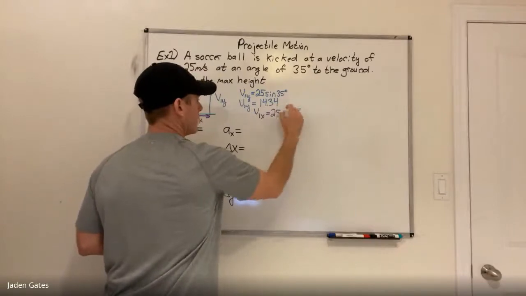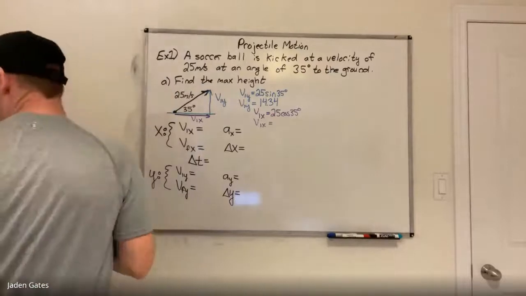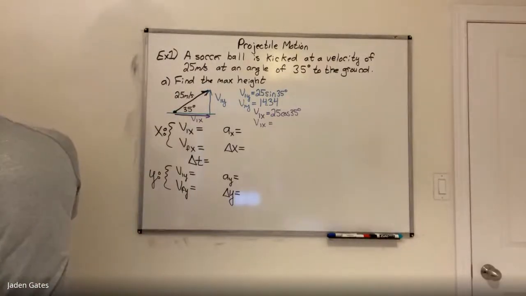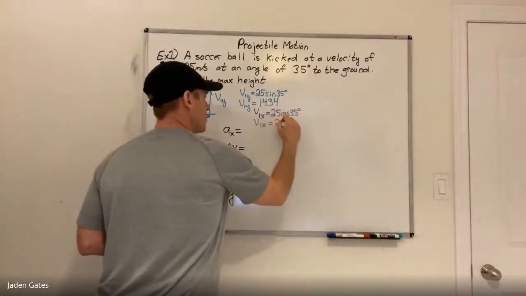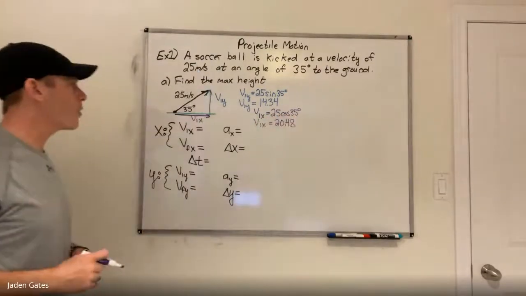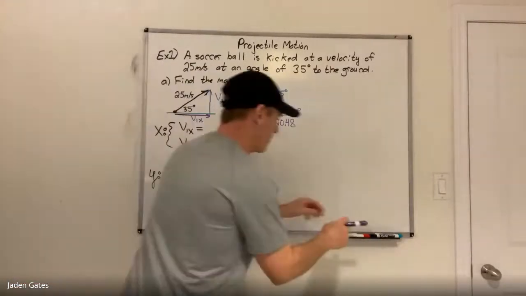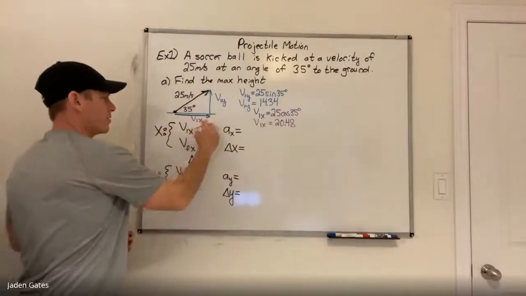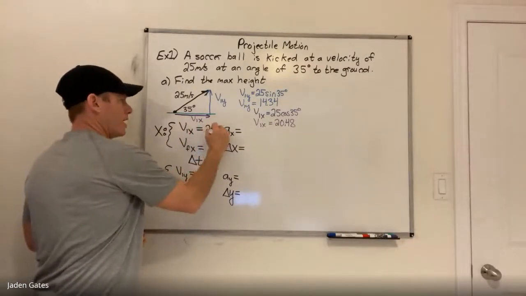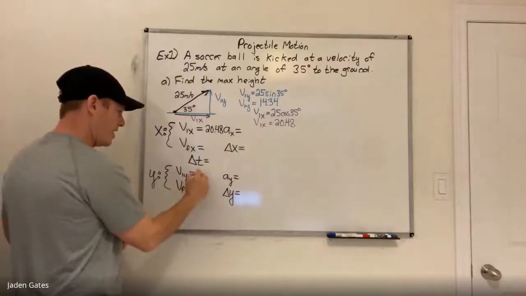Subbing that information in, cos 35 times 25, I got 20.48. So right away, given our information, I've got two of my variables. I'm going to plug those in: my v1x is 20.48, and my v1y is 14.34.